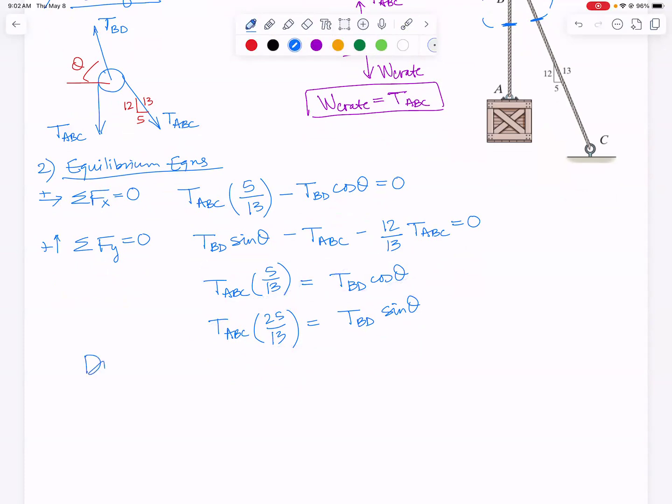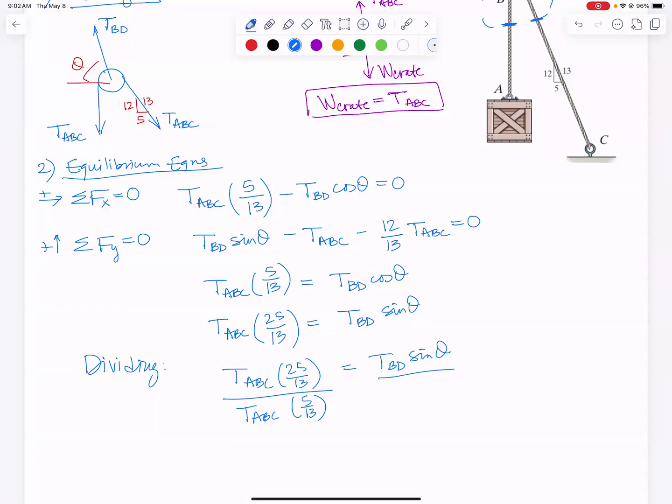So dividing, let me write it out in steps so I don't lose anybody. T_ABC times 25/13. We start with our equation, T_BD sine theta. And then I'm going to divide by T_ABC times 5/13. I'm totally allowed to do that as long as T_ABC is not 0. And on the right side, I'm going to divide by what that's equal to.